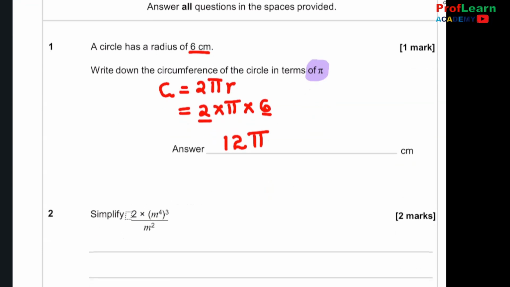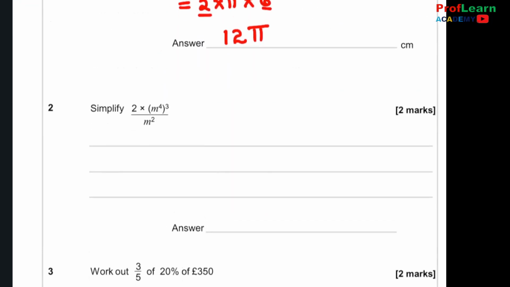The next question is testing indices. Before you sit for your exam, you need to know how to do questions to do with indices. When you have a scenario like this, where there is a power outside the bracket and inside the bracket we have a power, we multiply the powers. So this becomes 2 times m, but now 4 times 3, then we divide by m squared.